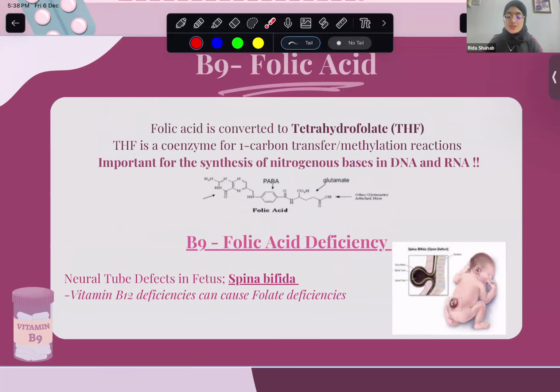Okay, so we're going to start with folic acid. Folic acid is converted into tetrahydrofolate, and tetrahydrofolate is an important coenzyme for one carbon transfer methylation reactions, okay? And it's important for the synthesis of nitrogenous bases in DNA and RNA. We just talked about DNA and RNA in B12, which is cobalamin as well, okay?